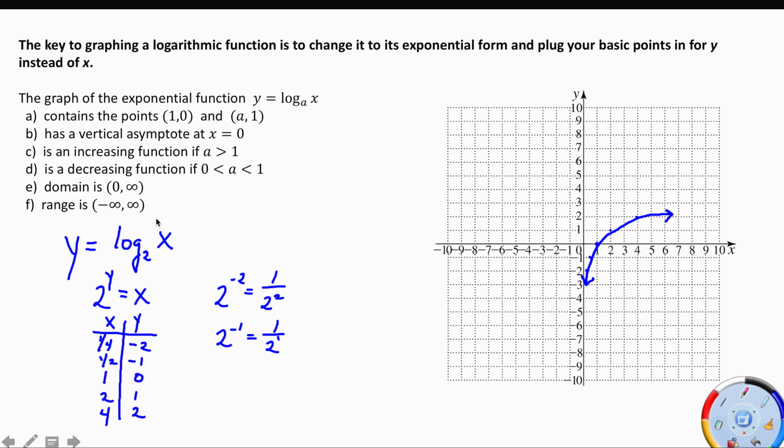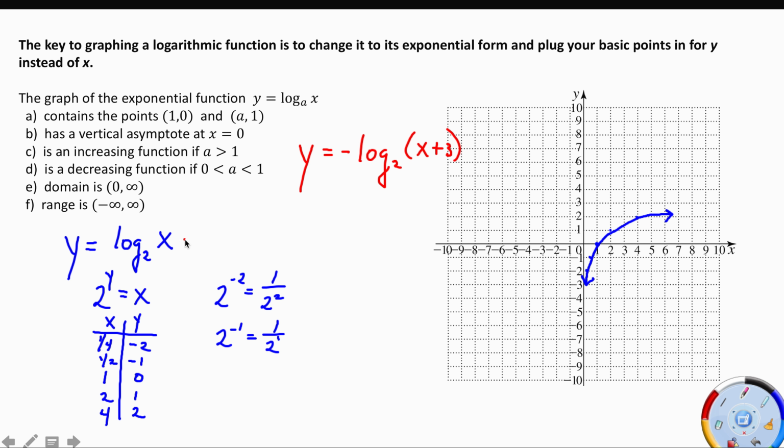Now, don't forget, if I wanted to graph something like y equals, let's say, negative log with base 2 of x plus 3, I'm going to use my translations.